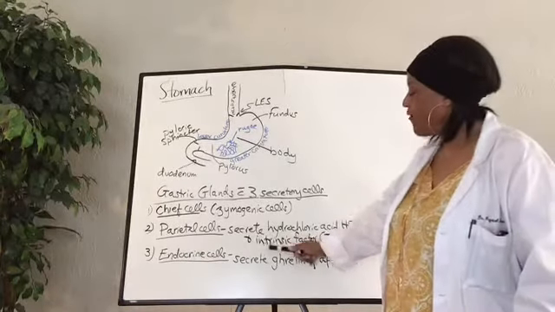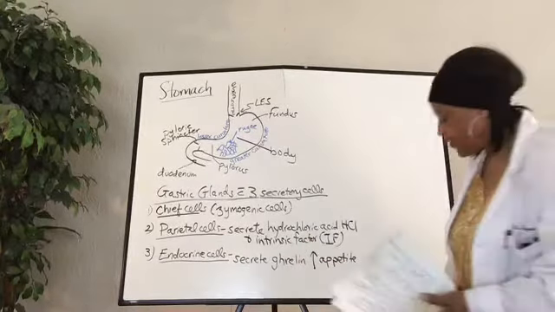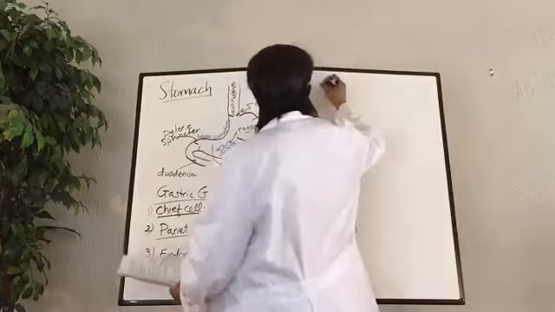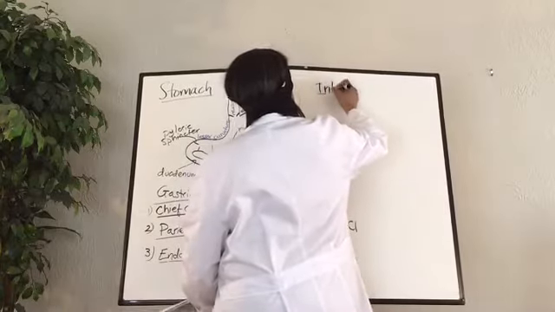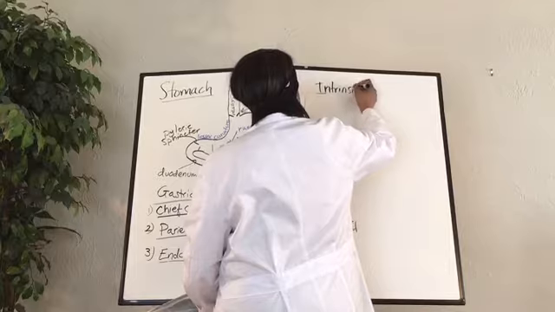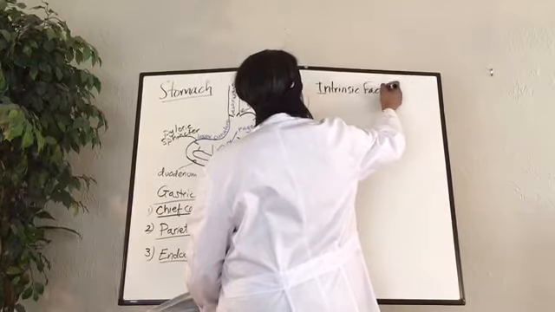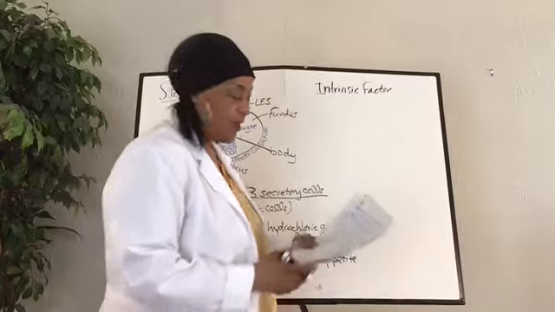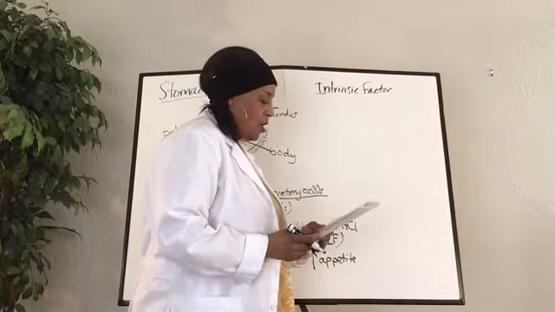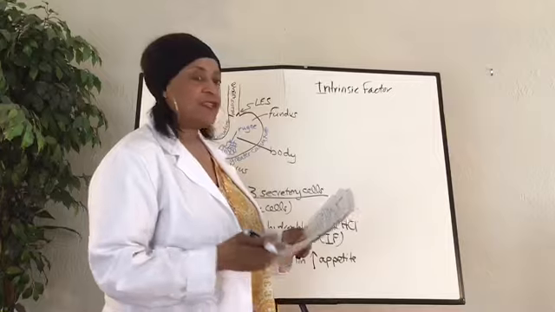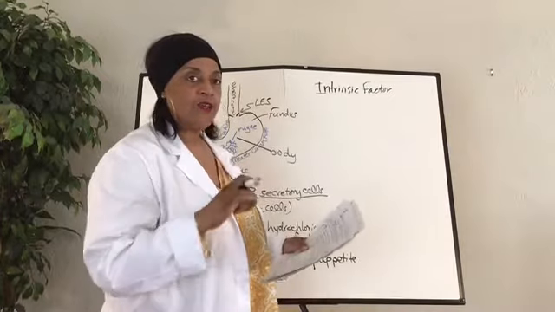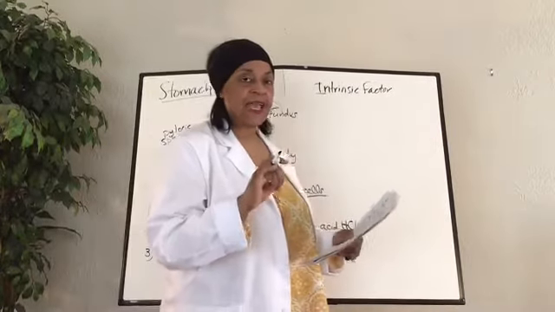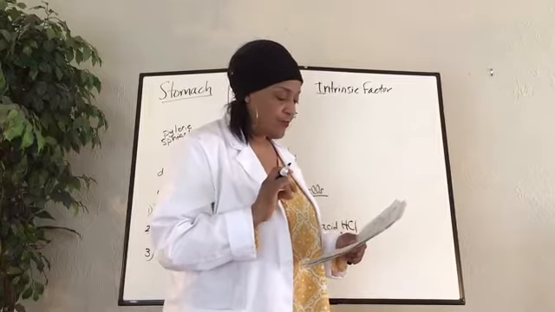I want to go back for a minute and talk about intrinsic factor, okay? Intrinsic factor is being released from the parietal cells. Let's remember that. Intrinsic factor is what is needed to bind vitamin B12.